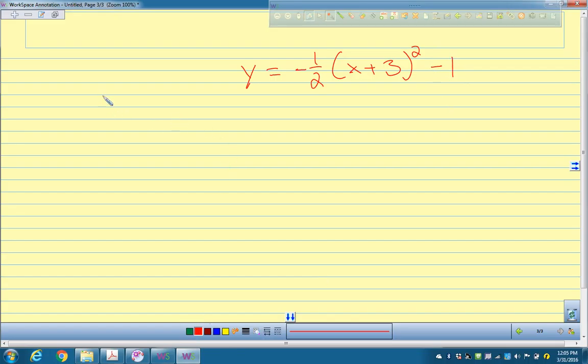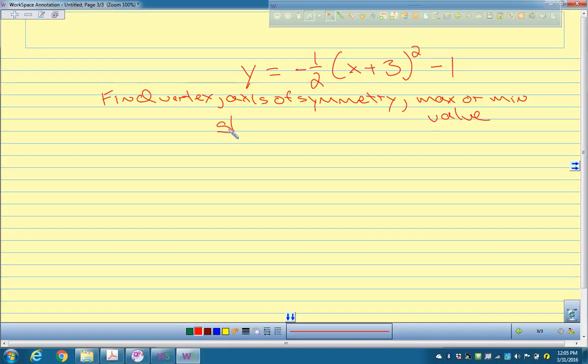And I say find the vertex, axis of symmetry, and the max or min value, and then I say, I know we don't have much time, sketch it.